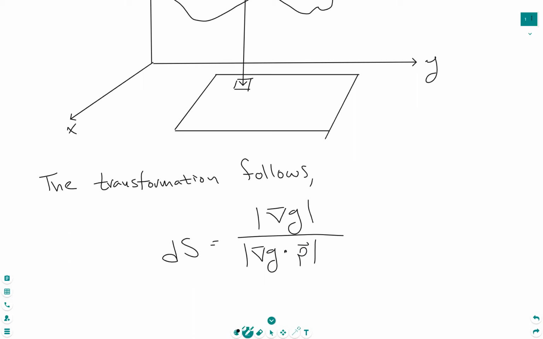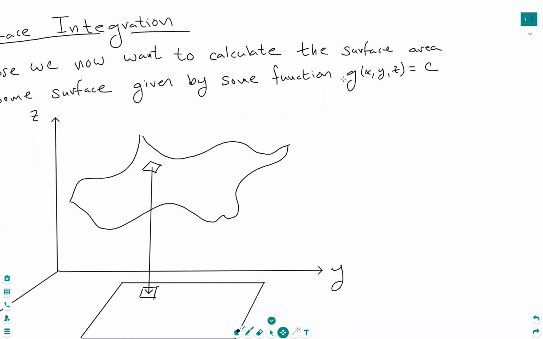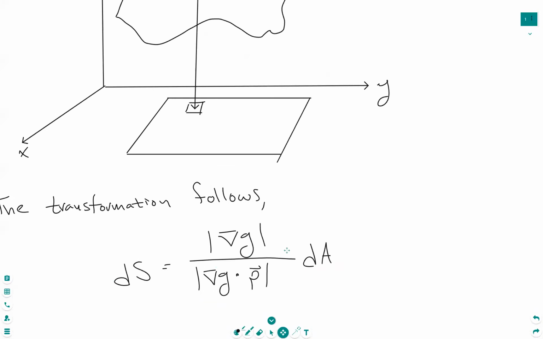We'll talk about that in magnitude dA. So if our function is given by this g function here, then the translation from dS to dA is the magnitude of the gradient of g over the magnitude of the gradient of g dotted with this p vector.